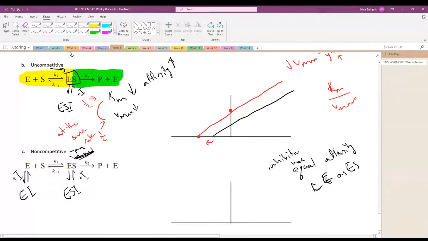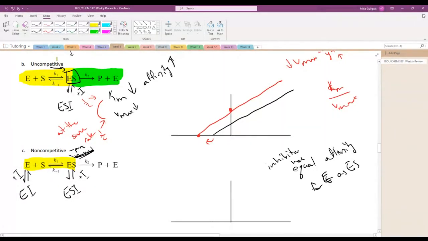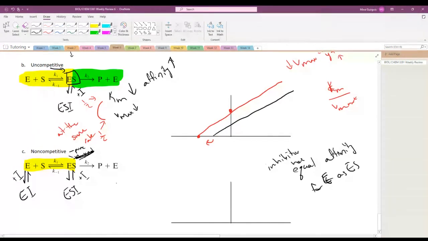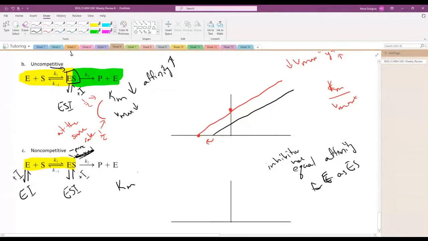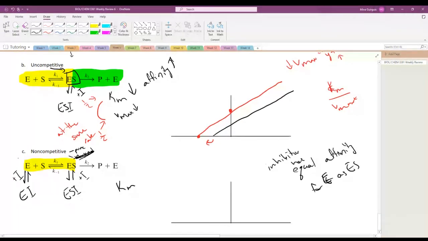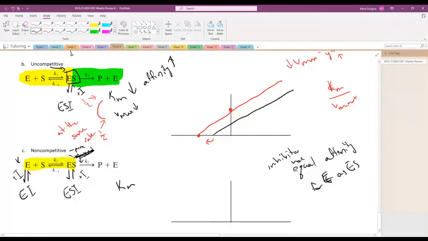Once again, I'm highlighting that yellow equation. I love this yellow equation. Let's talk about Km. If the inhibitor has an equal affinity for the enzyme and for the complex, then it's decreasing them at the same rate. They're both decreasing, so Le Chatelier's principle doesn't really compensate either way.